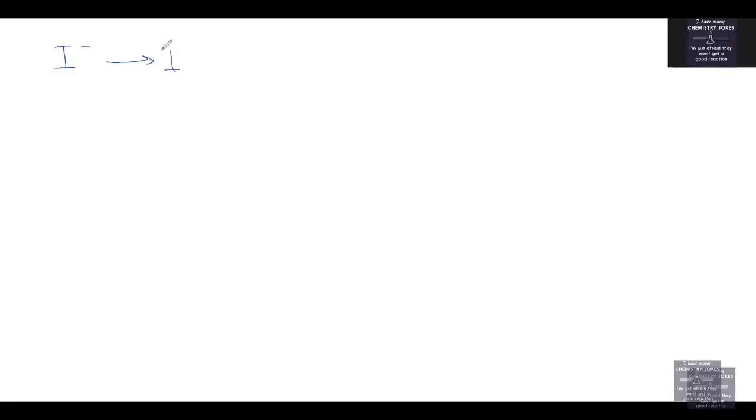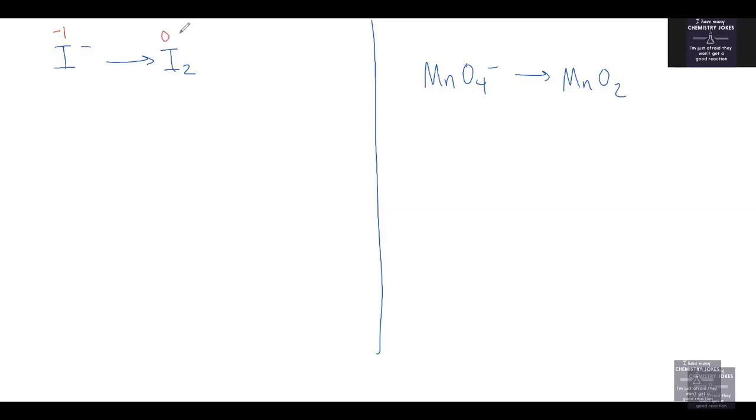So we're trying to balance these two half reactions. If we focus on our left half reaction first, maybe we should specify, is this the oxidation or reduction half reaction? Over here, I minus is a -1. Here, it's a diatomic in an uncombined state. It's a 0. It lost electrons.